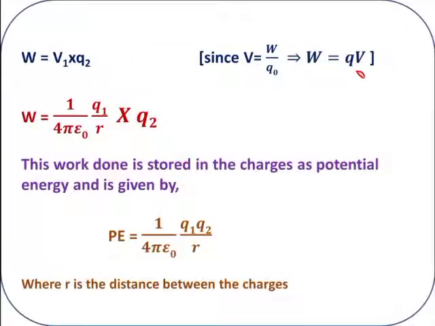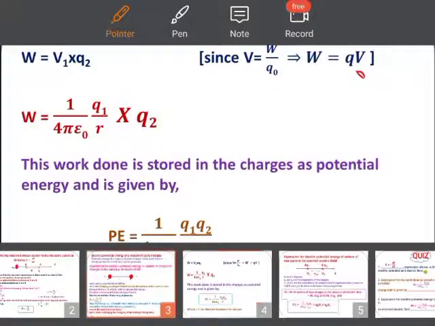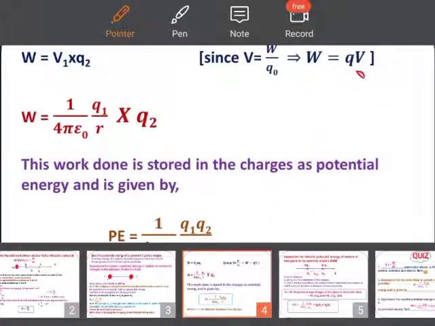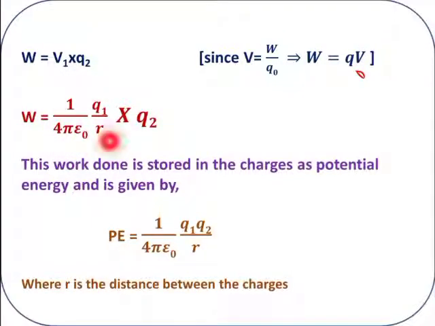We already discussed that V1 is 1 by 4 pi epsilon naught Q1 divided by R. Substitute that value in this expression: instead of V1, 1 by 4 pi epsilon naught Q1 divided by R, into Q2. Q2 stays as it is, due to the second charge.